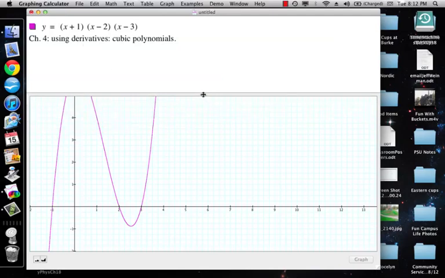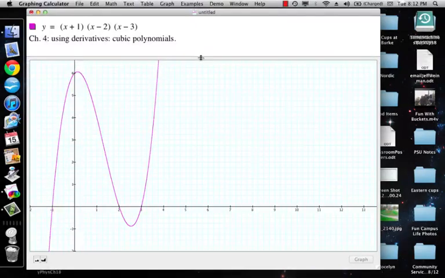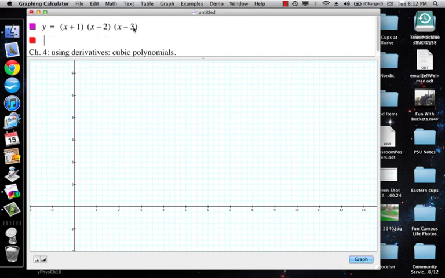So there I've got my cubic polynomial that crosses at negative 1 because of that, positive 2 because of that, and positive 3 because of that. And so I'm going to sort of FOIL that out.